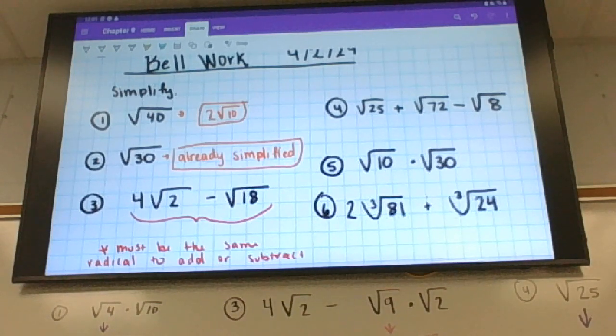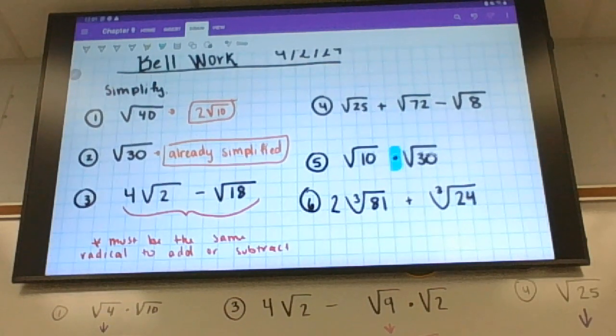They're in simplest form. That's very good. What else is different about number 5? It's multiplication. You can multiply anything. So with adding and subtracting, it has to be like radicals. Multiplication, it doesn't. This is the square root of 300.